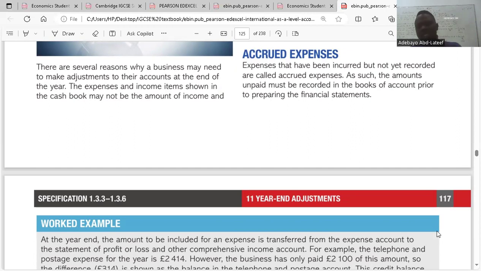So for accrued expenses, it means we have received a service, or we've purchased some goods that we have not paid for. We're going to have the figure in our expenses account, and a current liability, which is other payables.